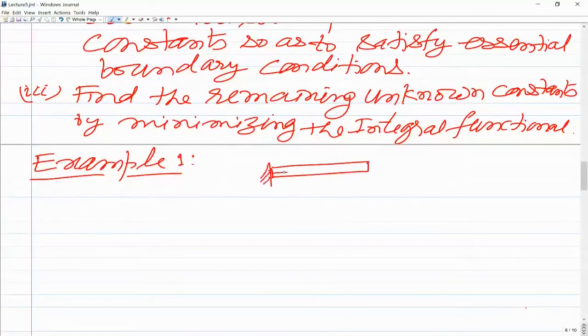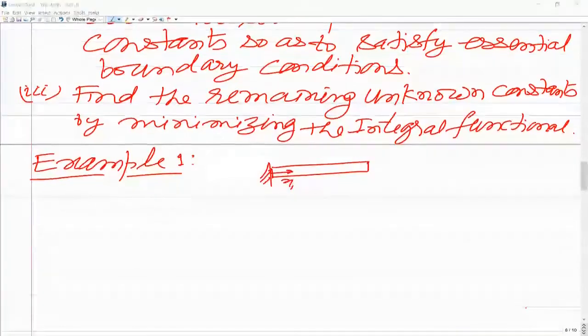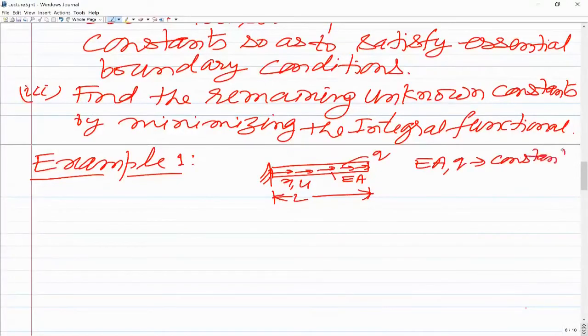One end of the rod is fixed, this is x, and the corresponding displacement along the x direction is u, and there is a distributed force q here. The length of the rod is L, and the Young's modulus times cross sectional area product is EA, and as we said earlier, EA and q are constant along the length. Although it is actually not necessary along x, for the timing I am assuming that.